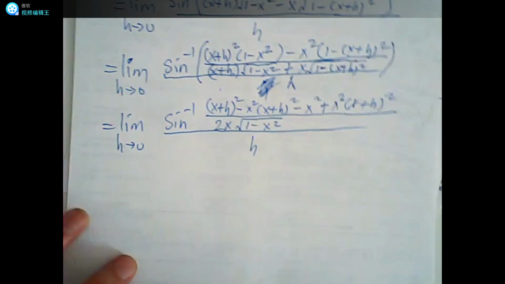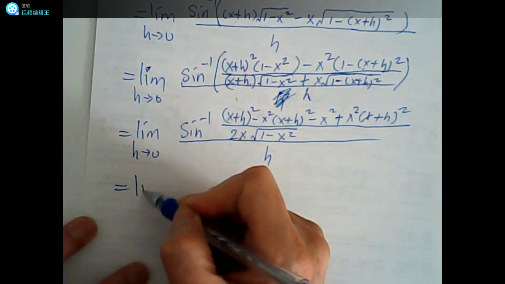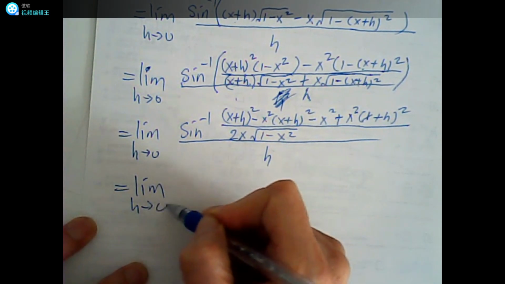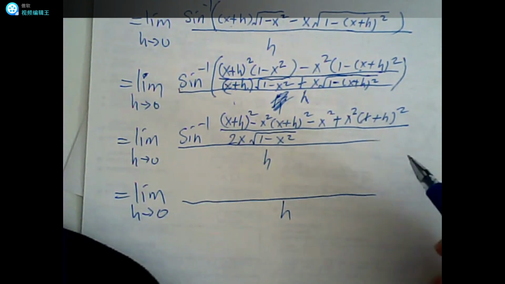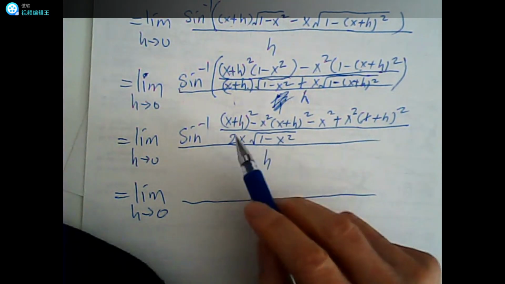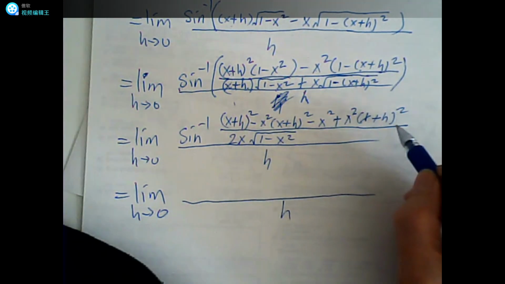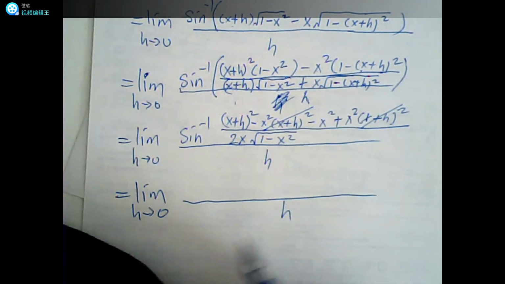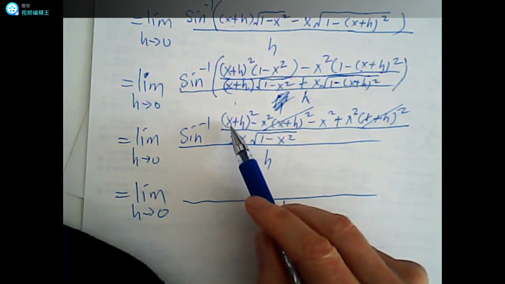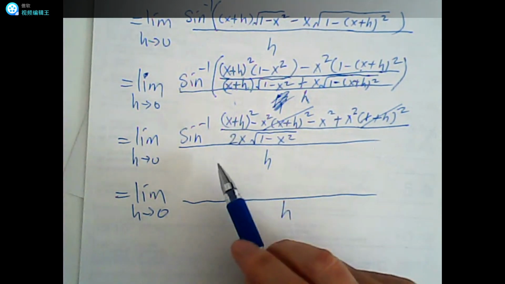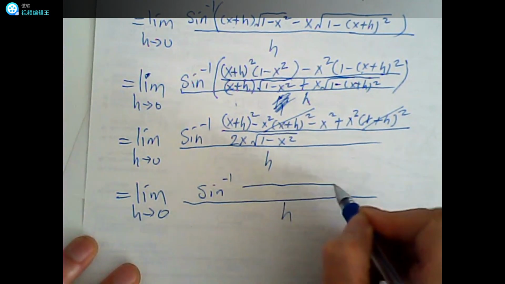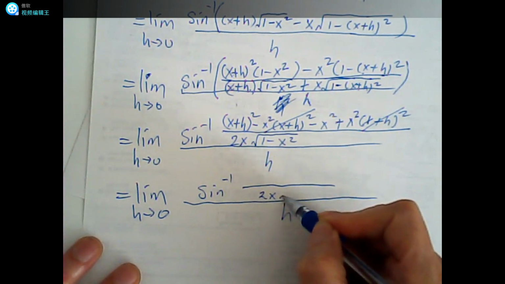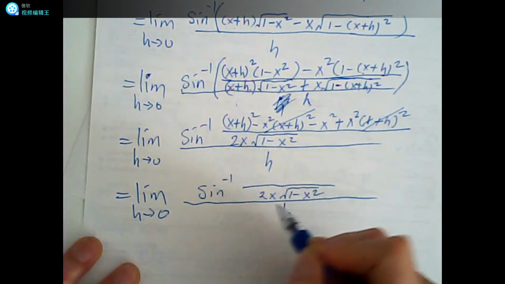Well, I hope no mistake. It's very easy to yield some kind of error. So this one cancels with that one, right? This one cancels with this one. Left over is arcsine inverse, 2x times 1 minus x square.